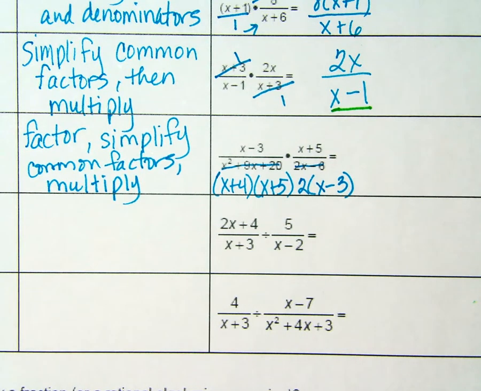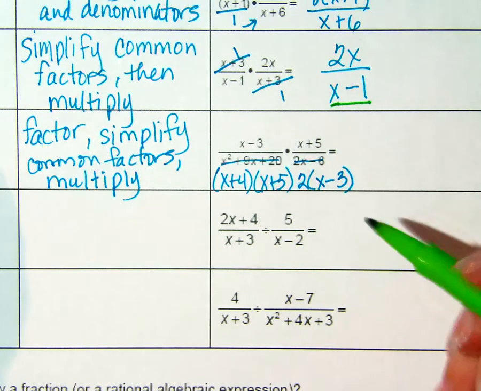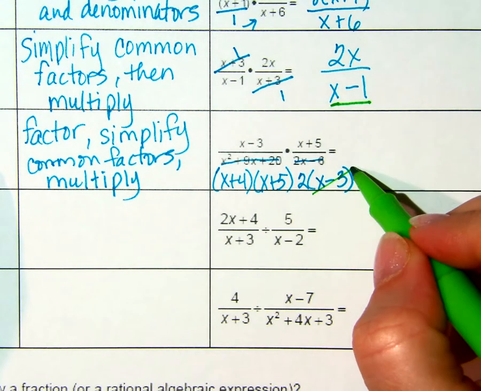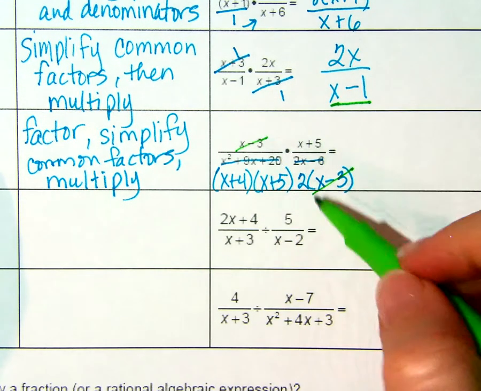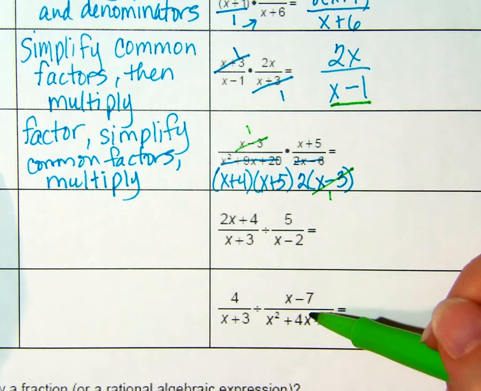So what do I do? I simplify now, right? I factored. Now I simplify. What do you mean to simplify? X minus 3 with x minus 3, and that leaves what? 1. Okay. Is that it? X plus 5.